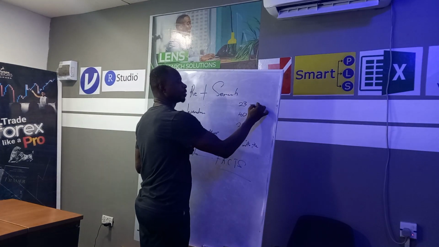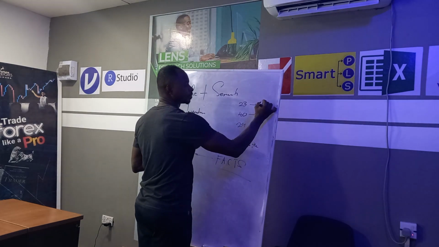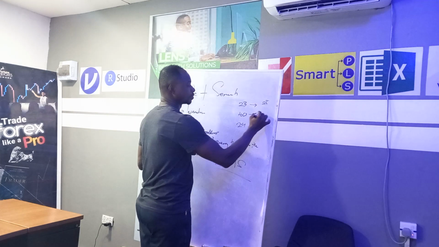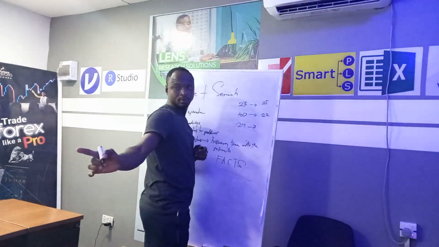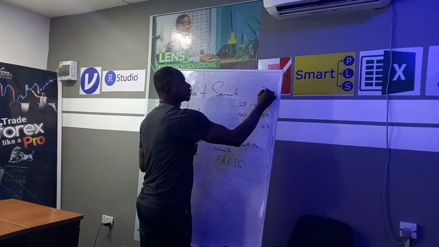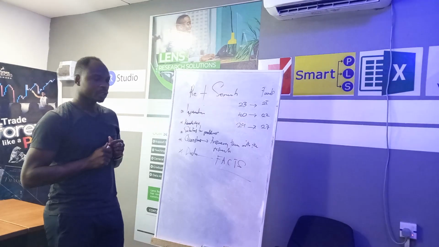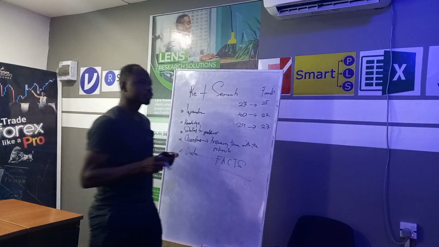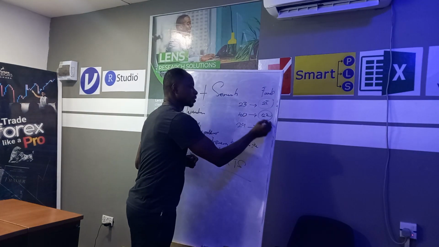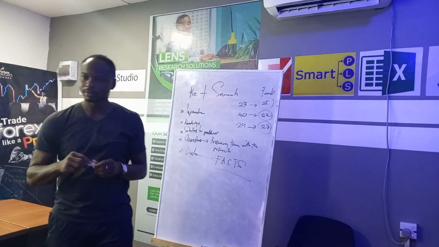Now, if you do proper research, yours is what? 27. These are what? They are facts, and they are also data. They are quantitative data.